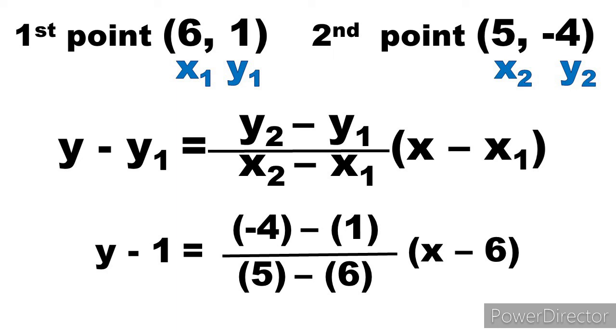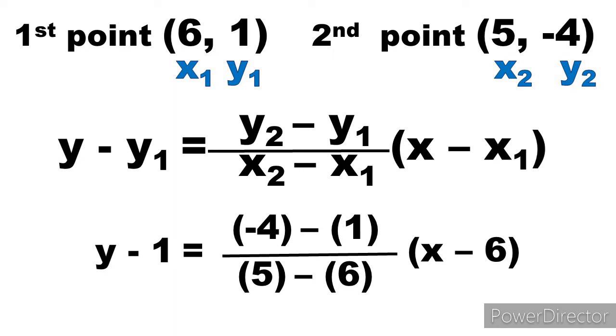Okay, so first step is i-rewrite muna natin yung y minus the y sub 1. So, ang y sub 1 natin is 1. Okay, so that's why we have y minus 1 equals y sub 2, ang y sub 2 natin is negative 4. Minus, ang y sub 1 natin is 1. So, we write 1. And then, all over x sub 2.